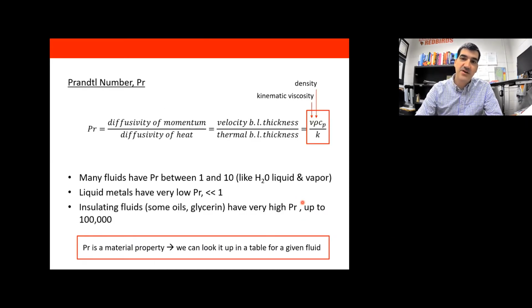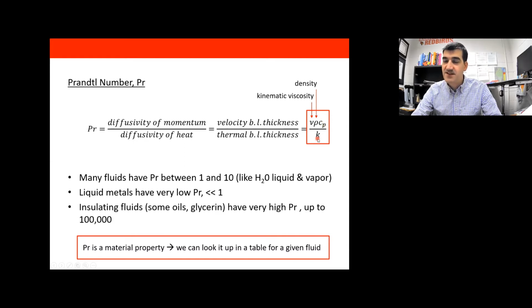So this is kind of what I just said here. The thickness of the velocity boundary layer compared to the thickness of the thermal boundary layer is the Prandtl number. And if we plug in some terms, you can show that the Prandtl number is equal to this equation right here. This is the kinematic viscosity. This is the density of the fluid. This is the specific heat capacity at constant pressure of the fluid.